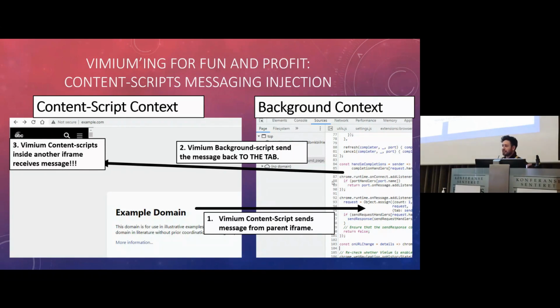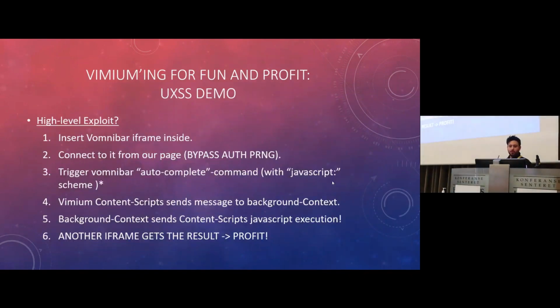So it also gets the message: execute my JavaScript. I'm getting the message as well in my website, but I don't mind. So I'm executing the message again in my context. And that way we can execute arbitrary JavaScript on any target origin using Vimium.